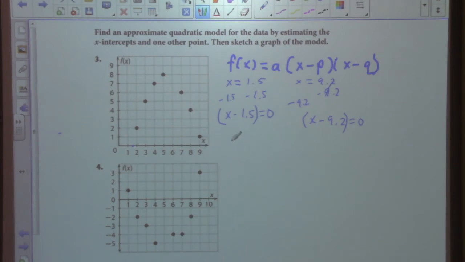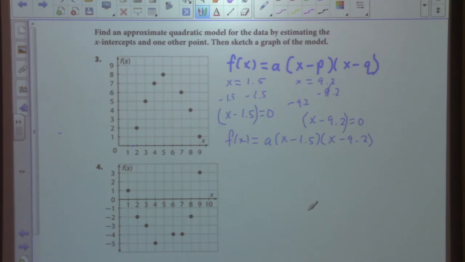So I want to just go ahead and write these in factor form so far. I have f of x is equal to a times quantity x minus 1.5 times quantity x minus 9.2. Okay, what do we have to do next?